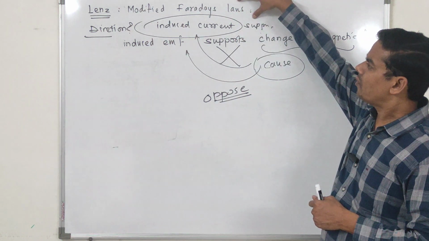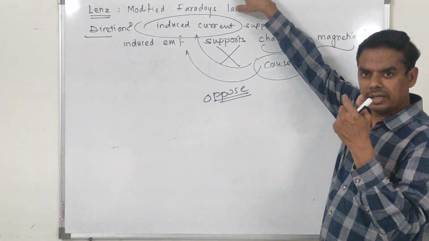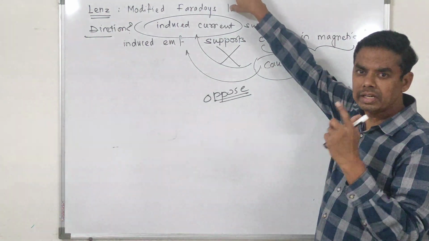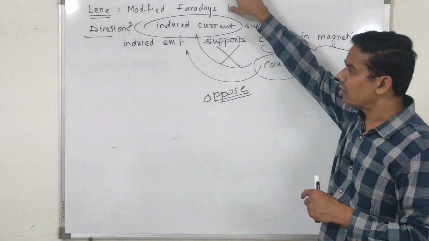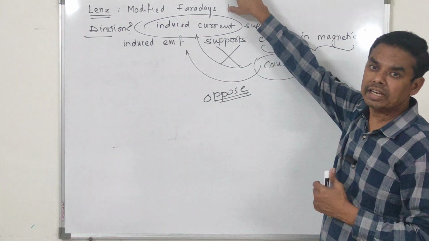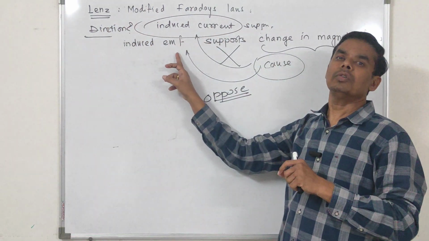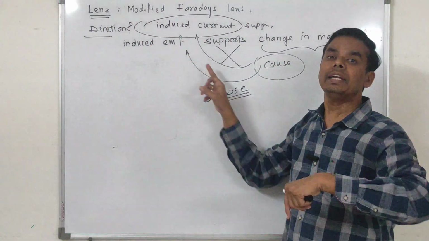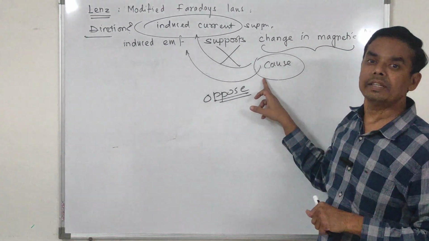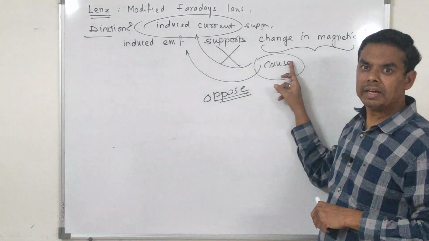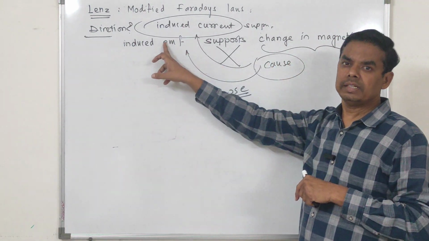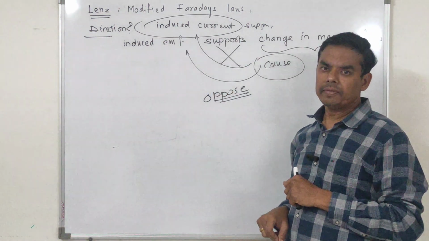According to Faraday's law of electromagnetic induction, he gave the cause and the magnitude, how much EMF is induced in the coil, but he did not specify the direction of induced EMF. According to Lenz, the EMF induced in the coil is induced in such a way that it opposes the cause which produced it. Change in magnetic flux is the cause which produces the induced EMF and induced current.